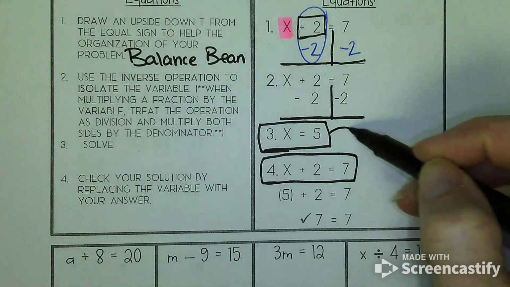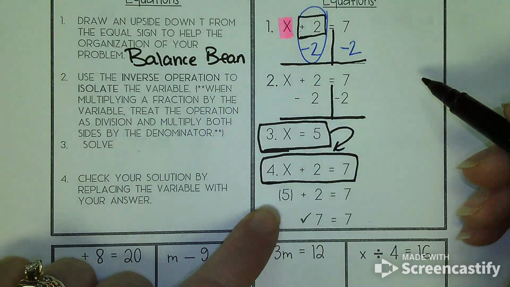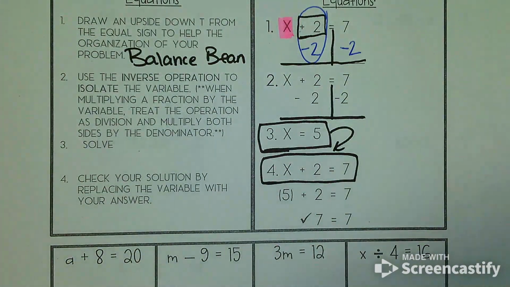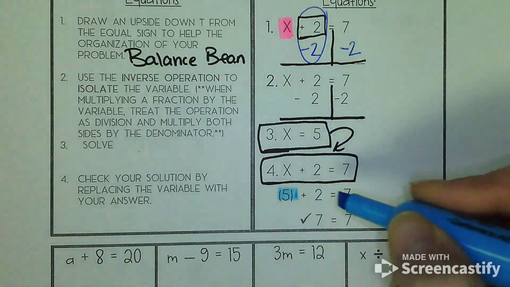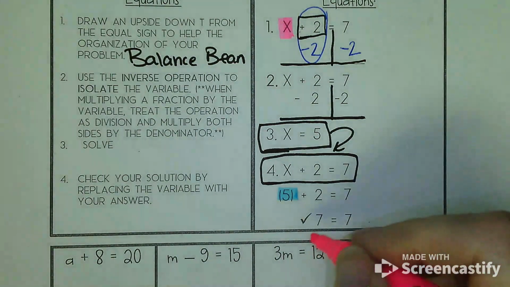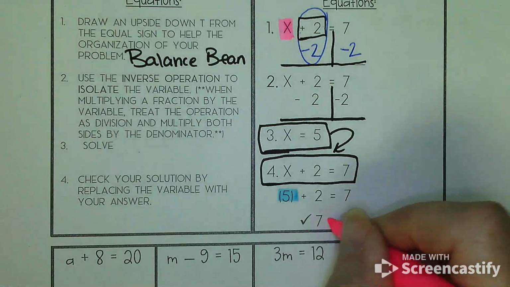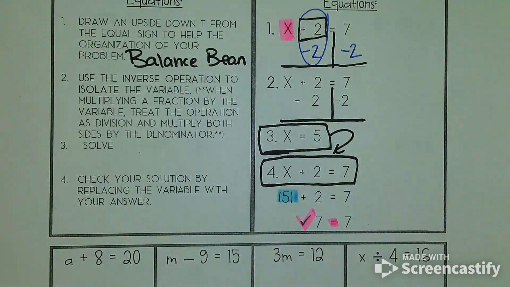You now know that x equals 5, so you are going to substitute it into your problem anytime you see an x. The x no longer exists once you get an answer. X is now 5, 2 is in your problem, and just like yesterday, if 7 on the left equals 7 on the right, you are done, you have a checked problem.